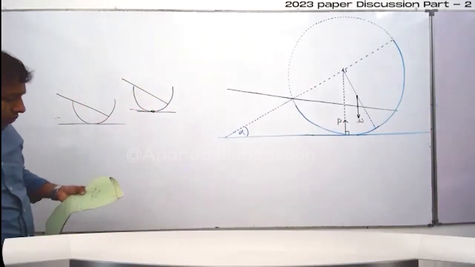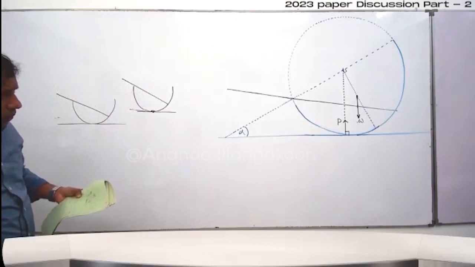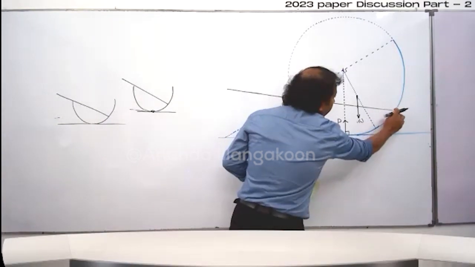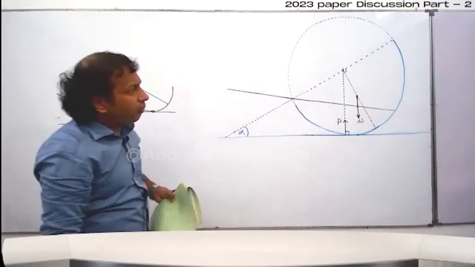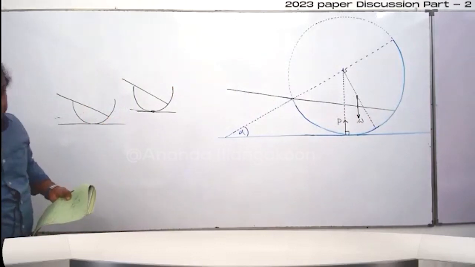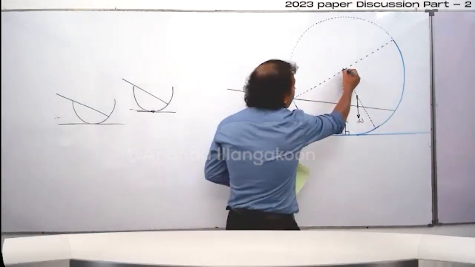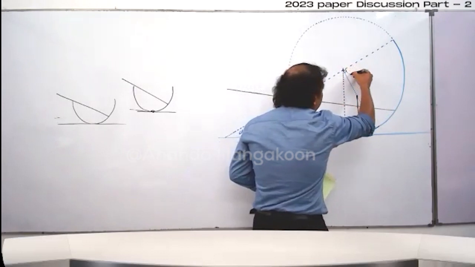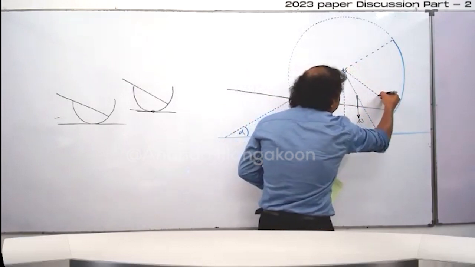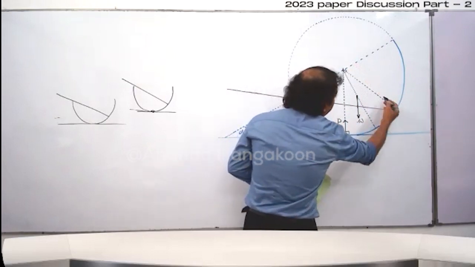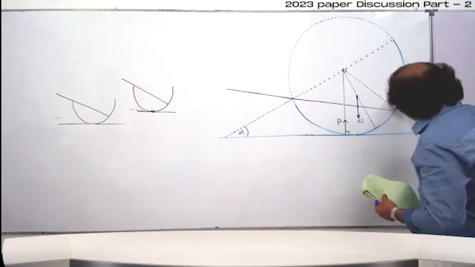Next, by the contact of the ball with the end of the rod, there will be a reaction. That reaction should pass through the center of the ball. Therefore, I first draw a line like this. Along this line only the reaction acts.